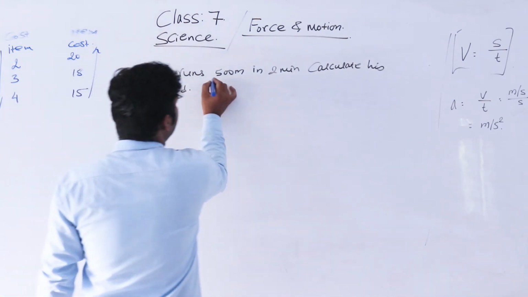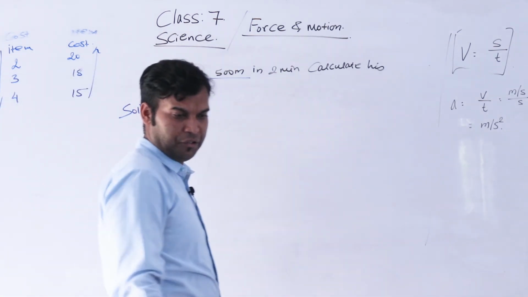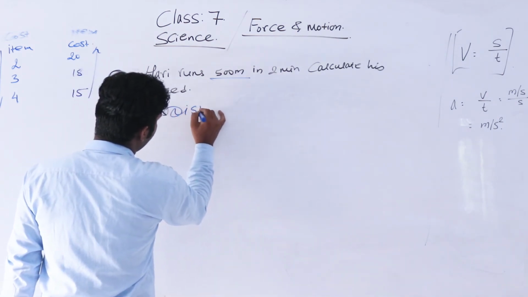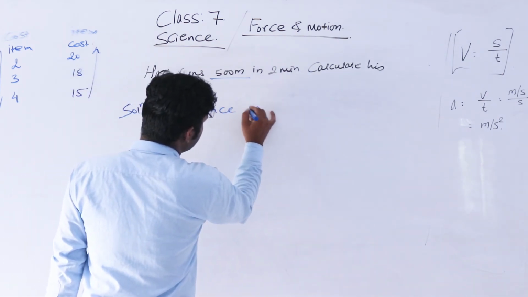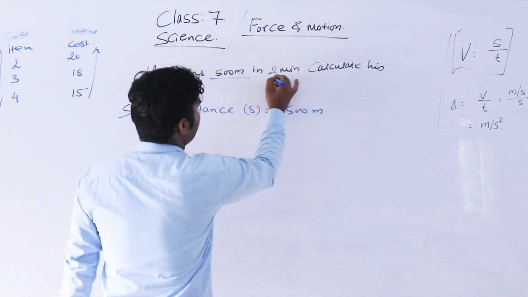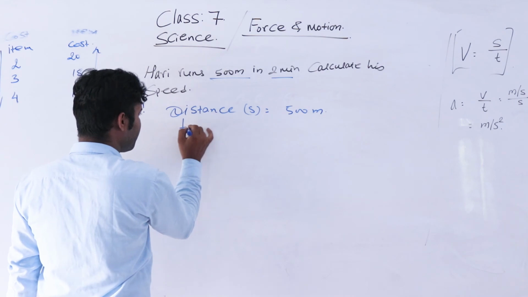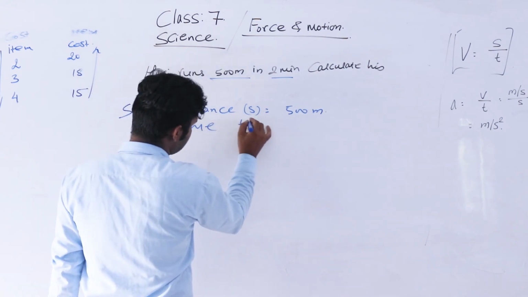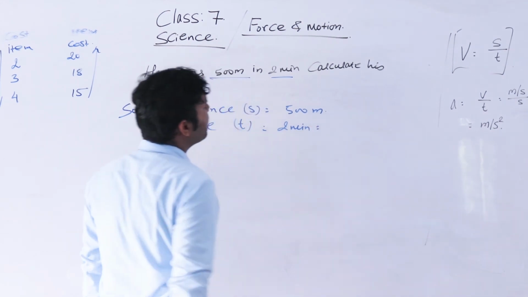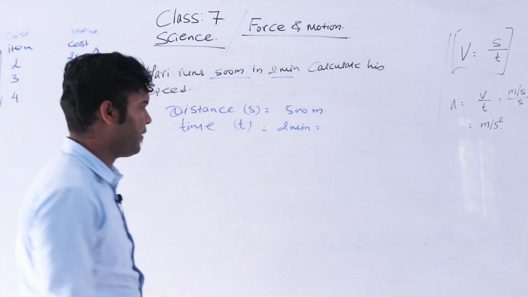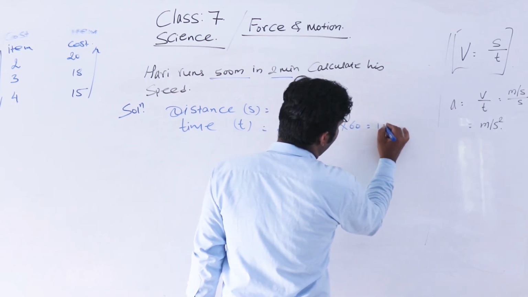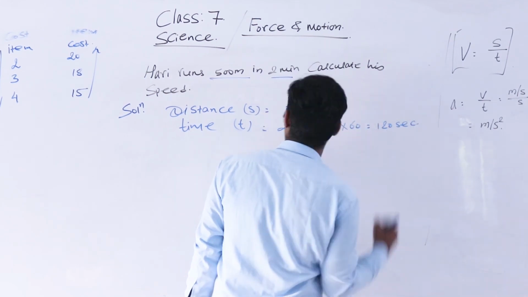Hari runs 500 meters in 2 minutes. Distance travelled, S is equal to 500 meters. In 2 minutes, time taken T is equal to 2 minutes. You should convert 2 minutes into seconds. It means 2 into 60 is equal to 120 seconds.